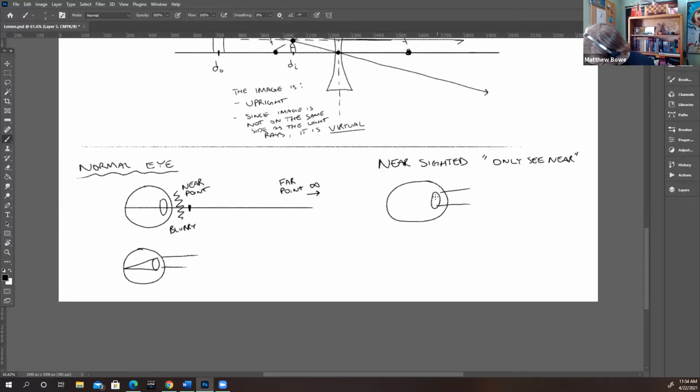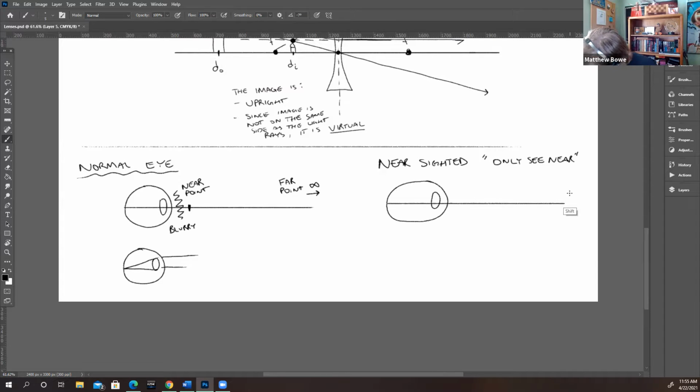Light will go in, hit the lens, but no matter how that lens bends and stretches, your eye just can't focus on the back of the retina. So these people have nearsightedness.